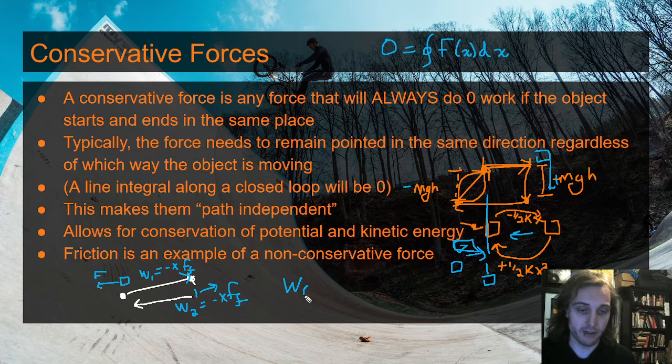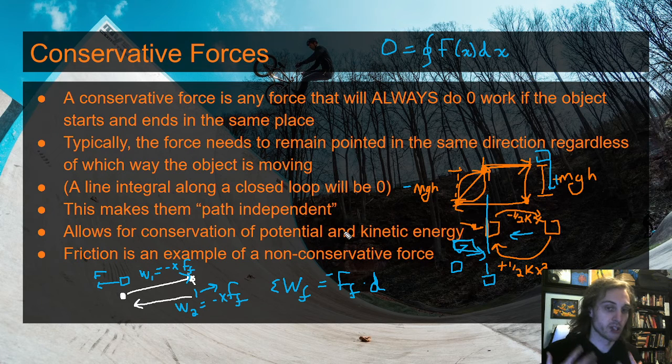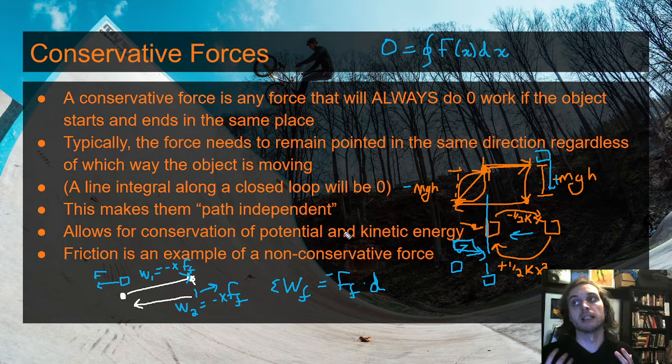the work that's done by friction total in order to go along this closed loop will not be equal to 0. It'll actually be equal to the force of friction times the combined distance that we wind up traveling, but negative. And so it's not like gravity, or it's not like the spring, because we won't get that kinetic energy back by undoing our movement.